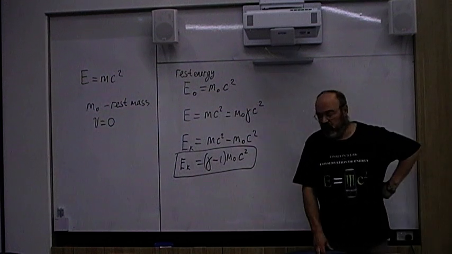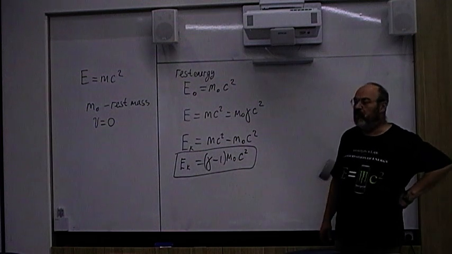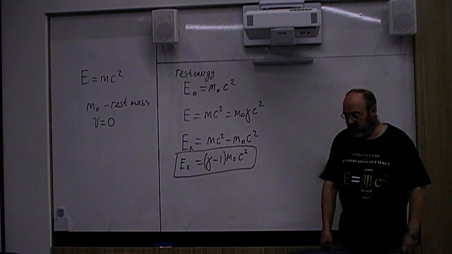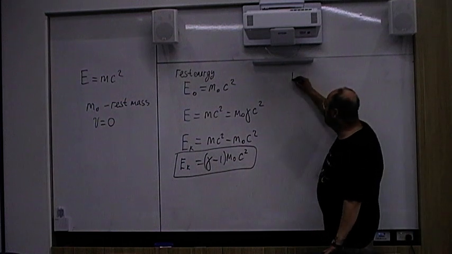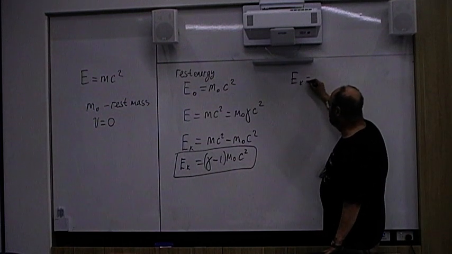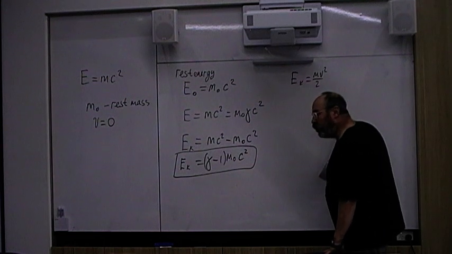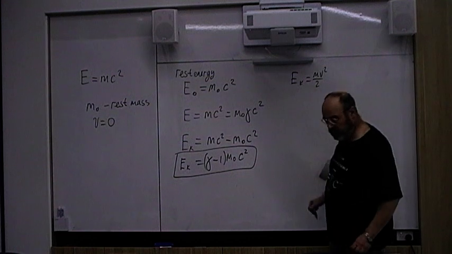Now let's do calculations to compare the difference between the results that classical physics gives us, where kinetic energy equals mv squared on 2, which works perfectly when speed is not big.